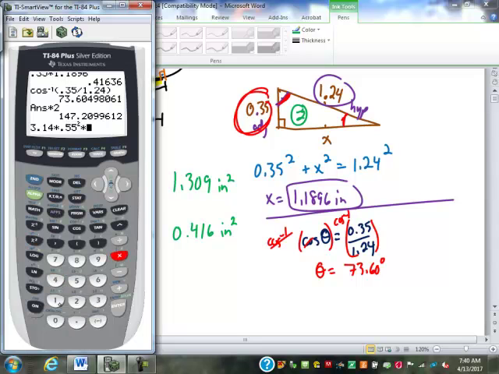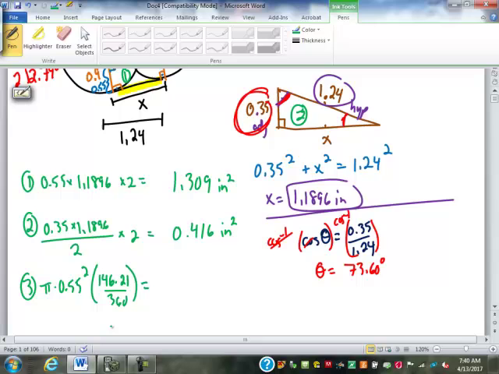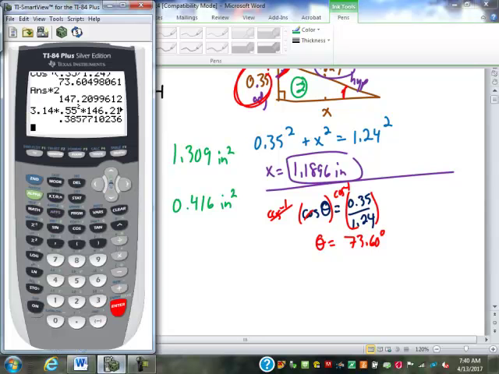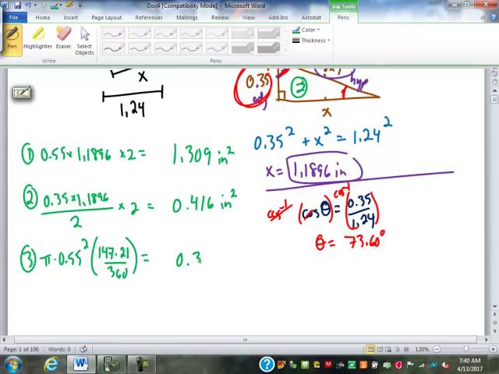Give me just a second. Gives me 0.3858. Is that what you had? It is 147. Thanks. So 0.3884. We're going to round it off there.